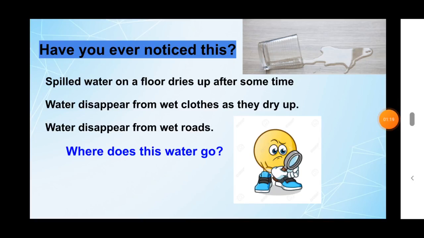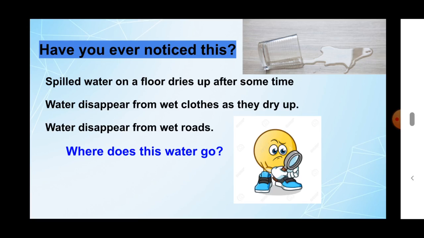In today's class, we are going to see interesting topics about water. So let us enter today's class. Students, have you ever noticed this? Spilled water on your floor dries up after some time. Water disappears from wet clothes as they dry up.